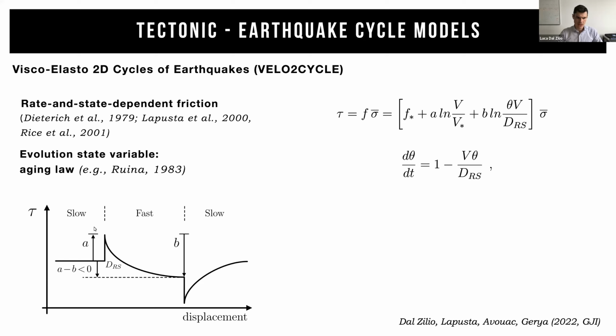This re-strengthening phase is controlled by the parameter A that you can see in the equation, and the evolutionary effect, where we reach a new steady state value, is controlled by the parameter B over a certain critical distance, which is the RS. In this case, A minus B is negative, and so the material is considered velocity weakening. It means that we can generate a frictional instability, and so the material allows the fault to accelerate all the way up to a meter per second slip rate.